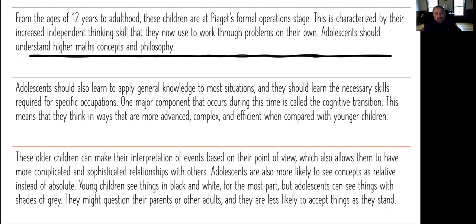Adolescents should also learn to apply general knowledge to most situations, and they should learn the necessary skills required for specific occupations. One major component that occurs during this time is called cognitive transition. This means that they think in a way that is more advanced, complex, and efficient when compared with younger children.